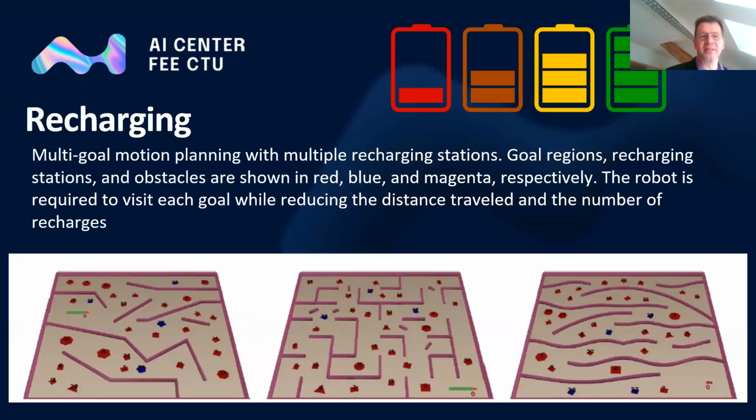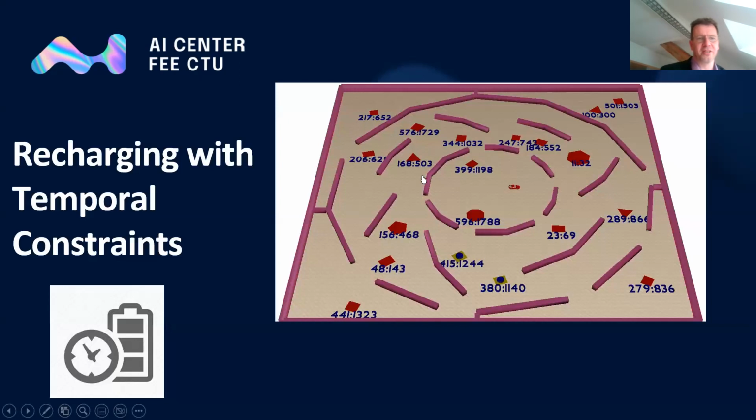And recharging, so there's multi-goal motion planning with multiple recharging stations. So it's also the location, so where to put the recharging station. So it's also what is called location routing. So you have obstacles. You have the robot that has to visit each goal with reducing the distance and also the number of recharges.